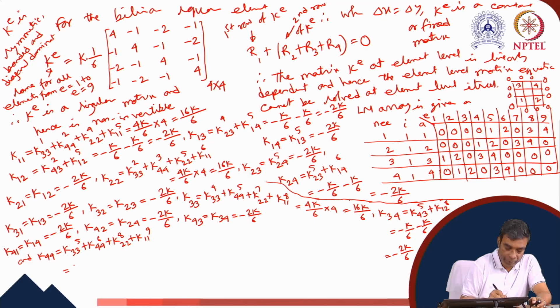All of them are the same, and they are 4K by 6 into 4, equals 16K by 6.